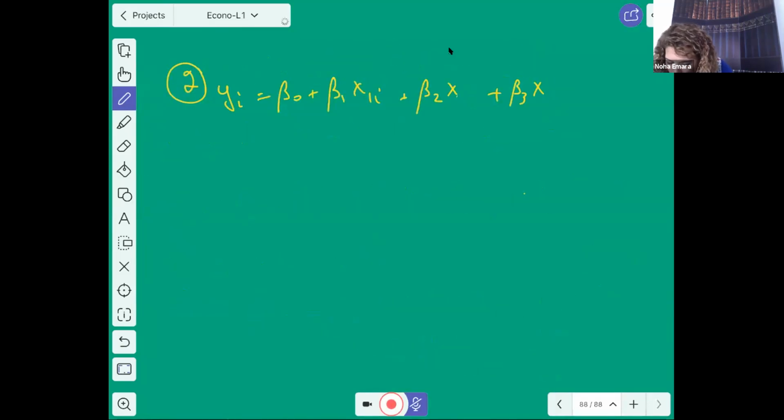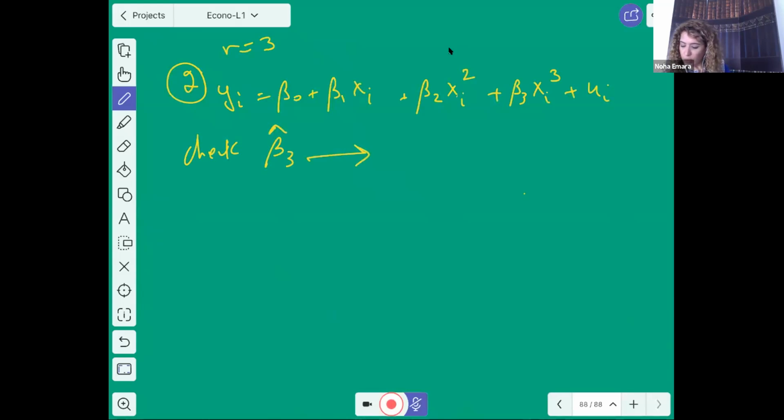I just wanted to make sure I'm not making a mistake with the subscripts, it's only one x. So you estimate a smaller model in which r is equal to 3, and then check beta hat 3.